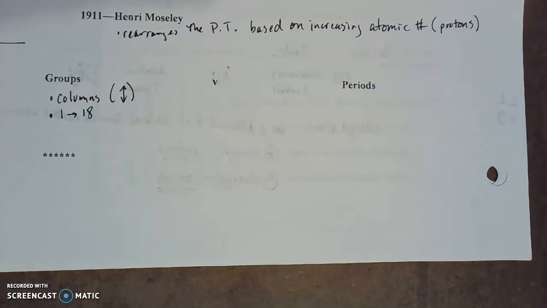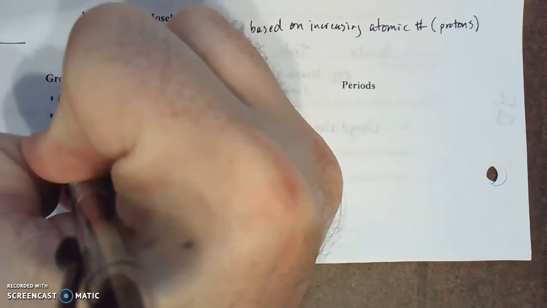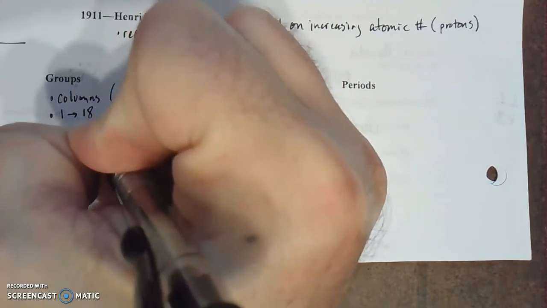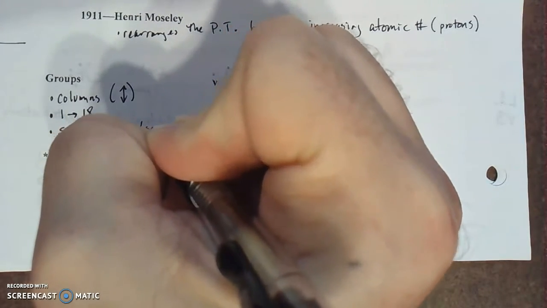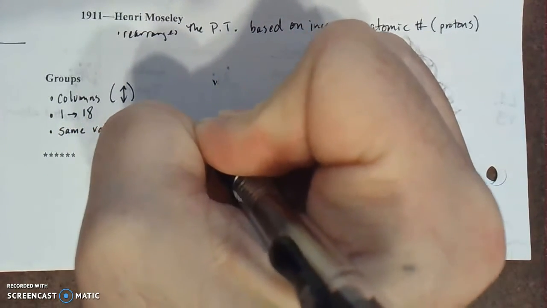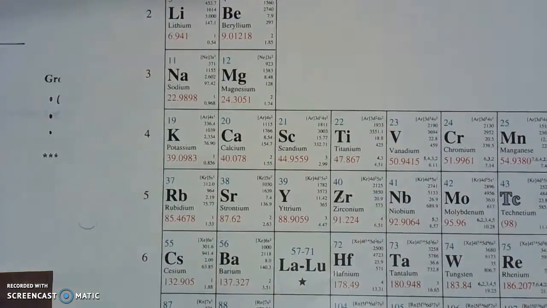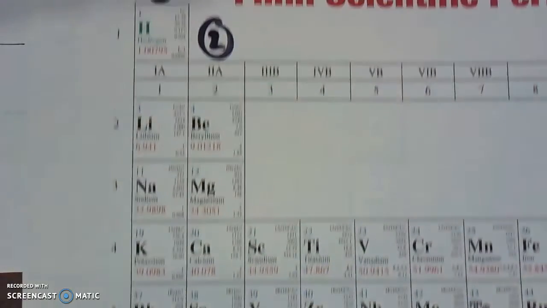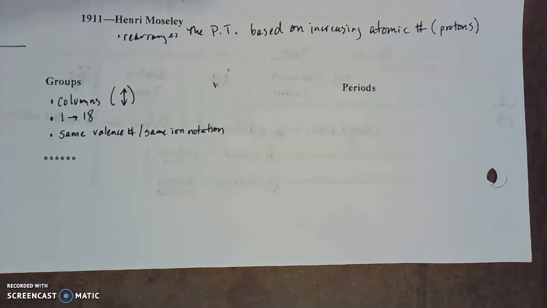And we know from our summary table that we did that they all have the same valence number and the same ion notation for the most part. There are some exceptions. So everything in group number 1, hydrogen through francium, is going to have one valence electron and be a +1 for its ion notation.